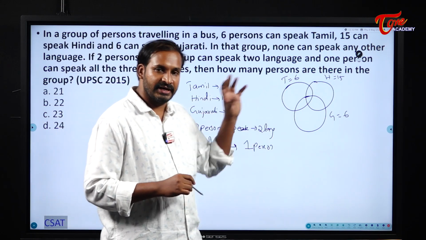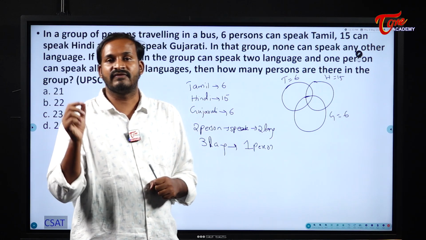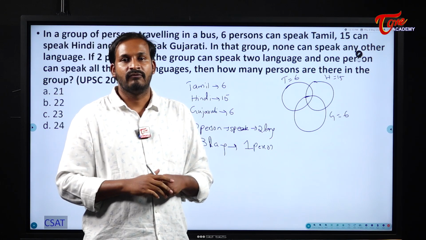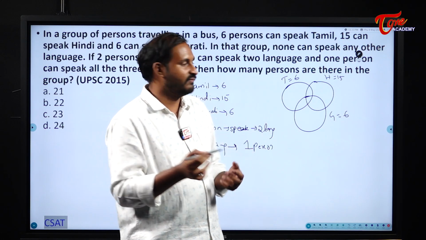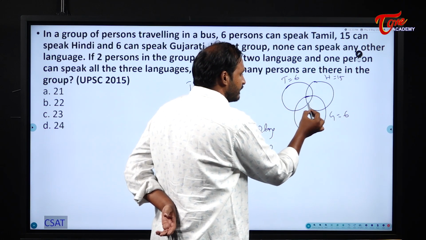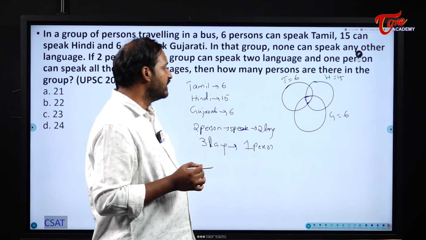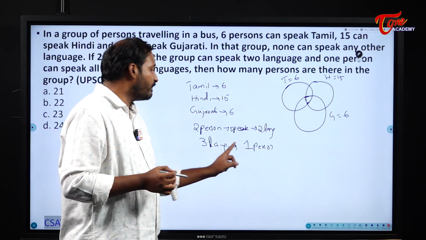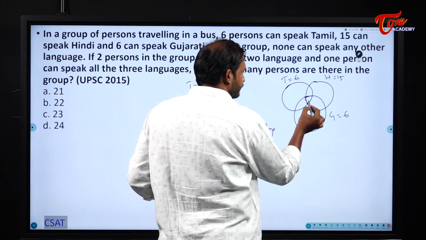Whenever you are drawing a Venn diagram or putting values in it, always start from the most common area. Most common area means all the 3 are intersected. In this area, what is the number? 1 person can speak all the 3 languages, right? So I should put that one here.